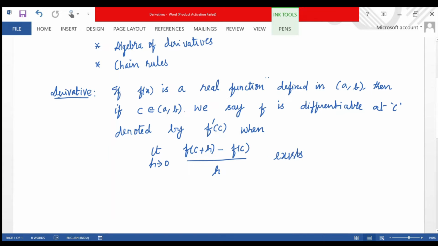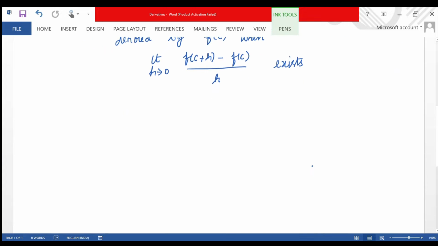If this limit exists, we say f is differentiable at c. If f is differentiable at every point in a comma b, then we simply say f is differentiable.